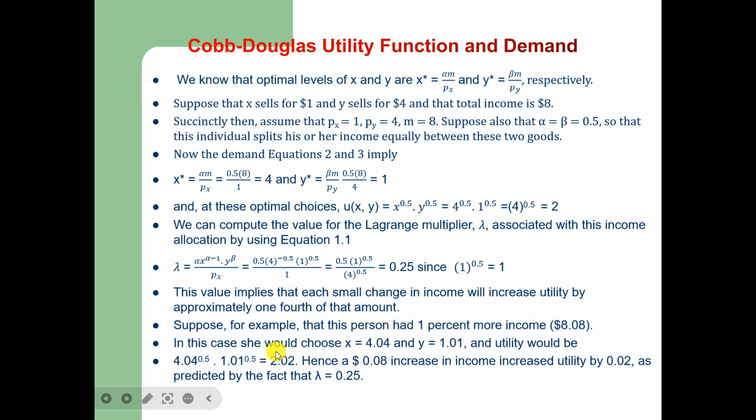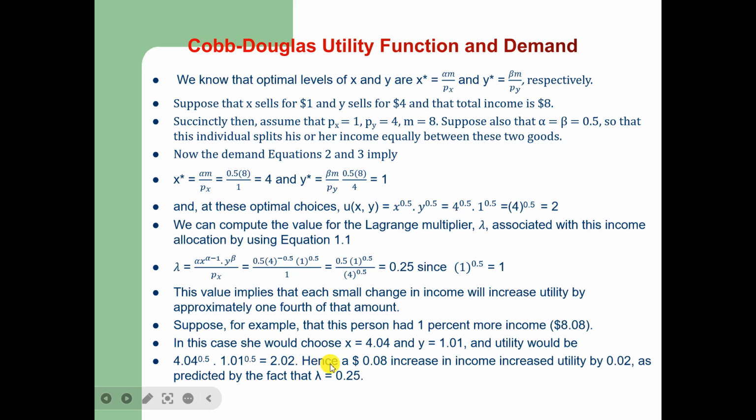In this case, she would choose x is equal to 4.04 and y is equal to 1.01, and utility would be 4.04 raised to the power 0.5 times 1.01 raised to the power 0.5, and finally we have utility 2.02.